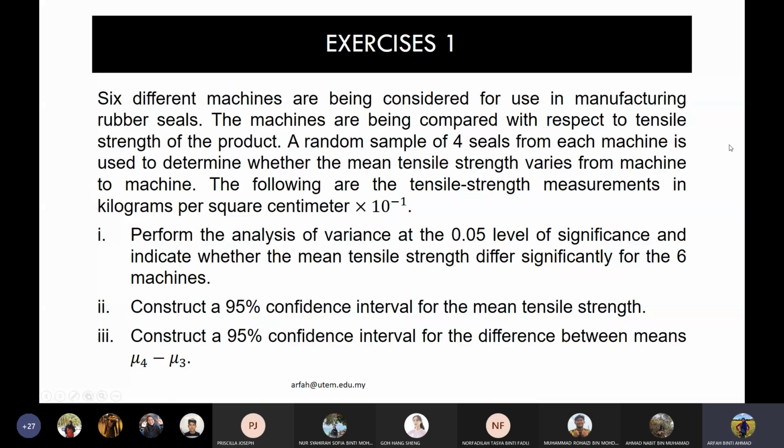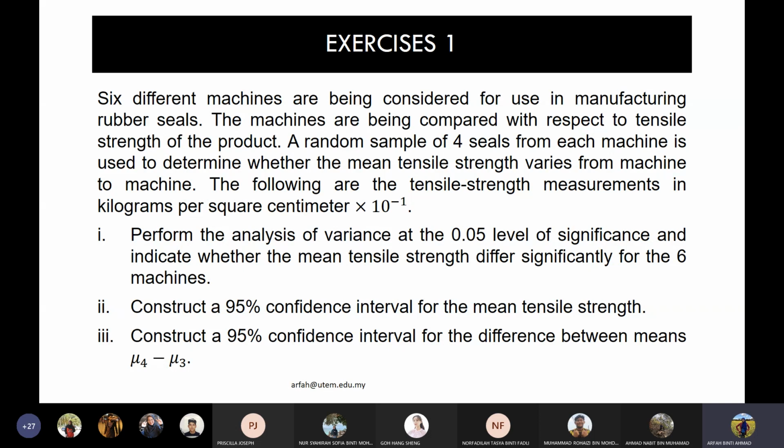Okay, 6 different machines are being considered for use in manufacturing rubber seals. The machines are being compared with respect to tensile strengths of the products. A random sample of 4 seals from each machine is used to determine whether the mean tensile strength varies from machine to machine. So the following are the tensile strengths measurement in kilogram per square centimeter multiplied with 10 to the power of -1. Okay.